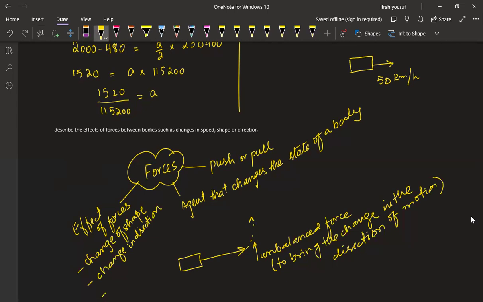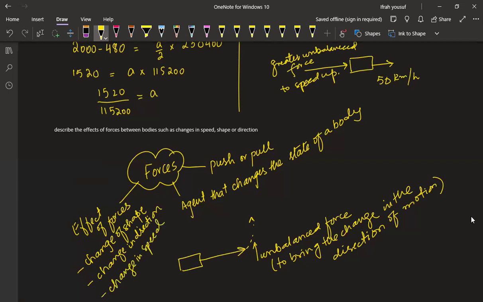I have to apply a greater unbalanced force to speed up the body, right? So what if I apply a balanced force? Do you think it will have any impact on the body? No. We have to have the unbalanced force in order to speed up the body. So yes, change in speed.